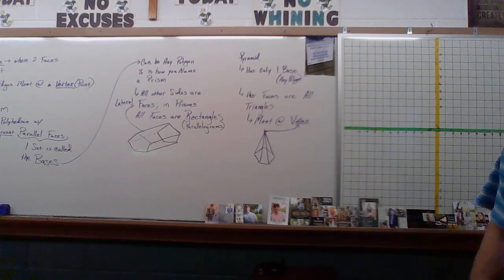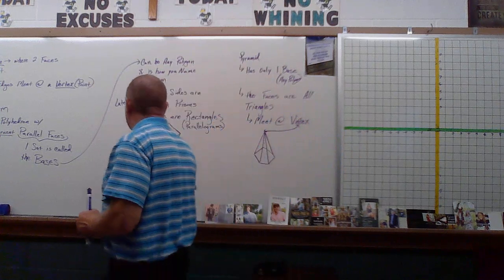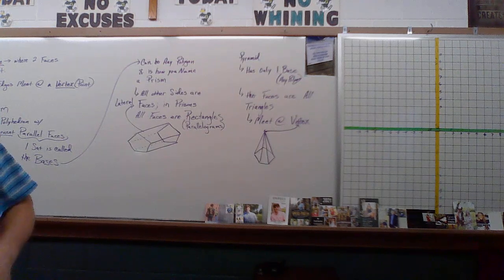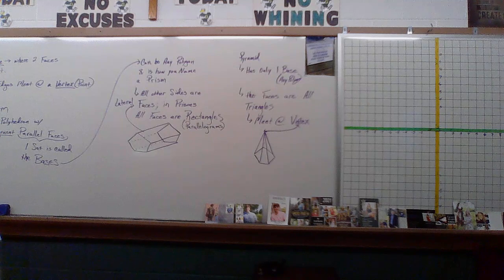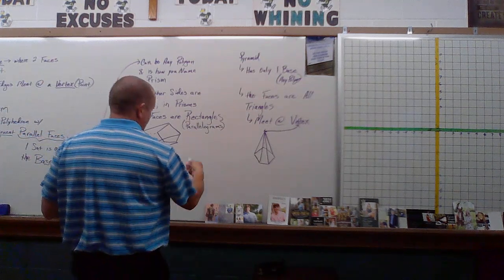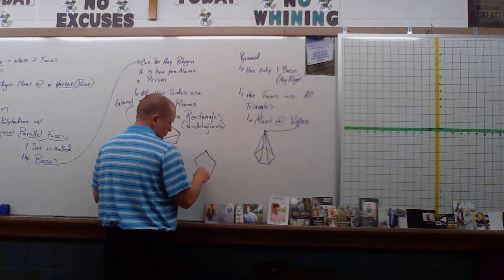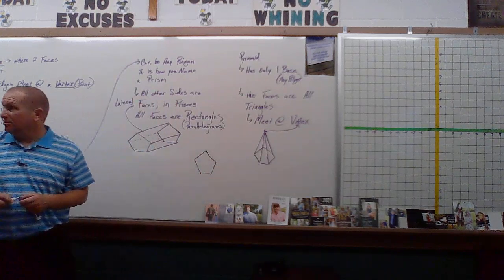Okay? And then the last thing that we want to talk about, we've already mentioned diagonals before, haven't we? What's a diagonal in a polygon? If I asked you to draw a pentagon again, what are the diagonals of that pentagon?